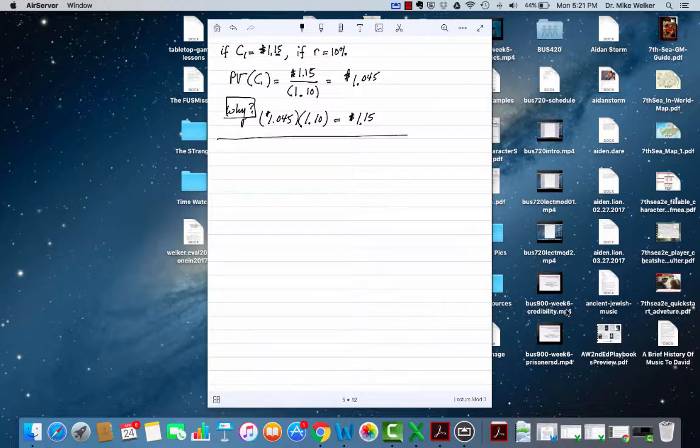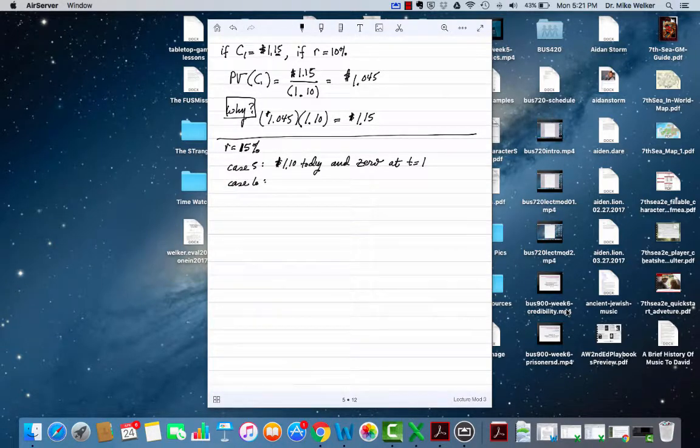Another example, let's say that now we set the interest rate to 15%. R is 15%. Let's go to case 5. So this is $1.10 today, and 0 at time period 1. Let's see, what do we prefer?